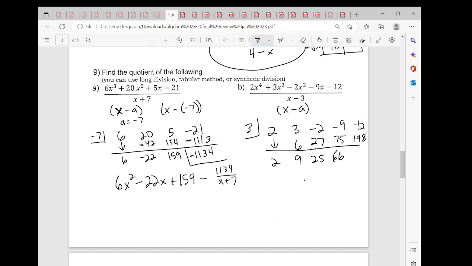And that's 19. And so then my remainder ends up being 186. So that means my answer is 2x cubed plus 9x squared plus 25x plus 66 plus 186 over x minus 3. And that's my final answer.